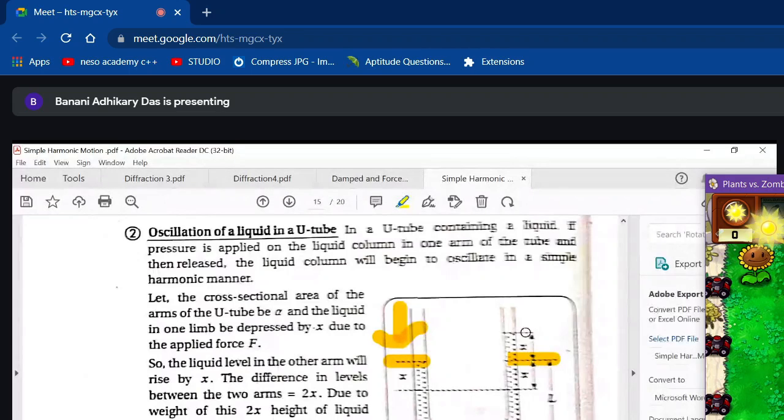So this initial point will be depressed here, and this point will be raised here. So what is the total change in height?